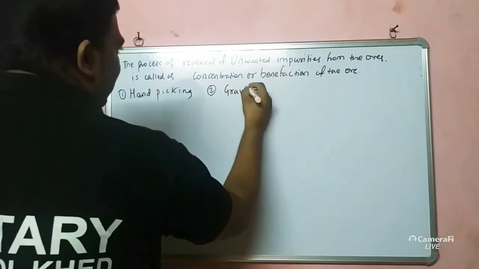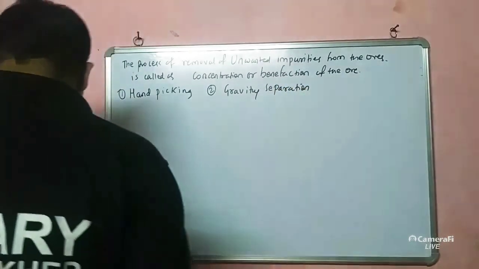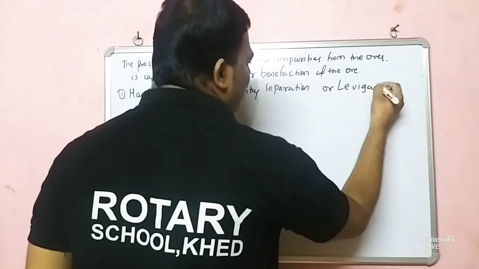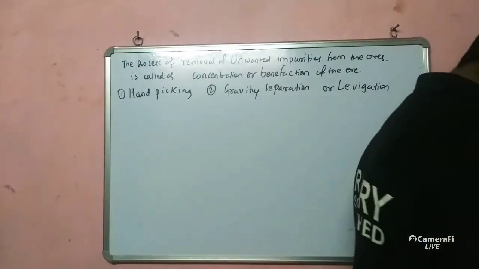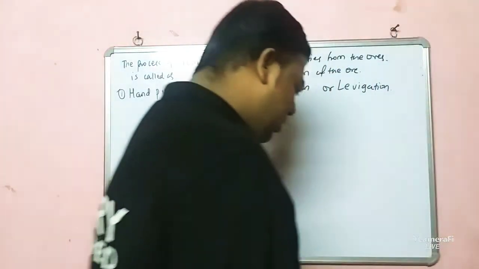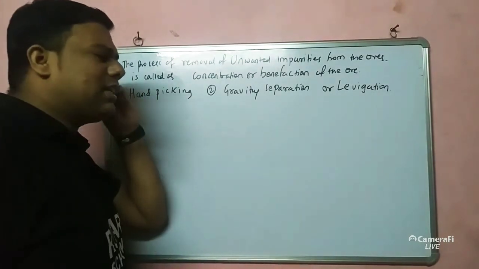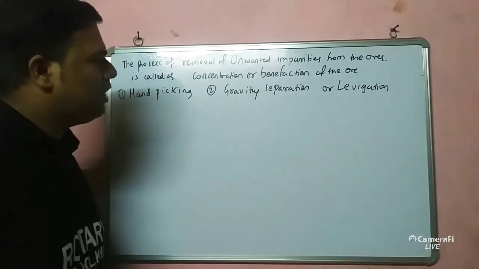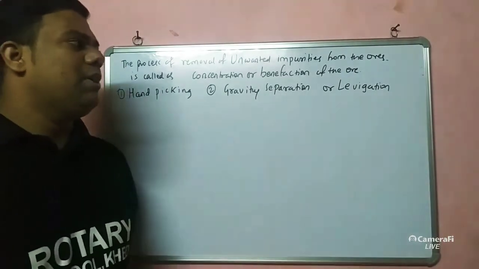सेकंड इज ग्रॅव्हिटी सेपरेशन. सो त्या ग्रॅव्हिटी सेपरेशनला दुसरा एक वर्ड आहे लेव्हिगेशन. ओके. सर थोडं आपण ग्रॅव्हिटी सेपरेशन बद्दल बघूया. ऍक्च्युली इन ग्रॅव्हिटी सेपरेशन व्हॉट विल हॅपन. ठीक आहे. हँड पिकिंग तर तुम्हाला माहितीच आहे. ओके, आपण काय करणार, जे काही हाताने उचलण्याजोगे आहे ते आपण हाताने उचलणार. ओके, निवडून काढणार. ओके, हँड पिकिंग. ग्रॅव्हिटी सेपरेशन और लेव्हिगेशन.